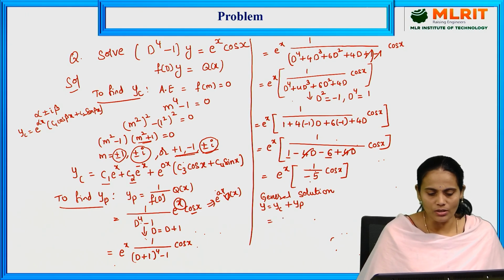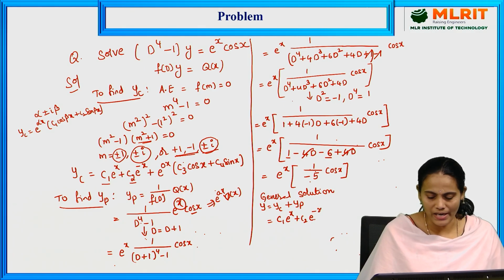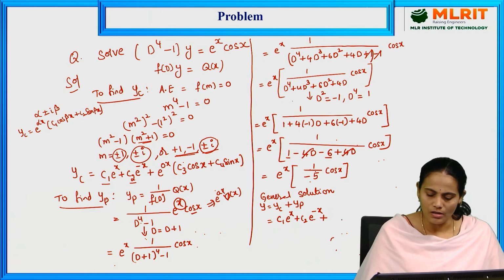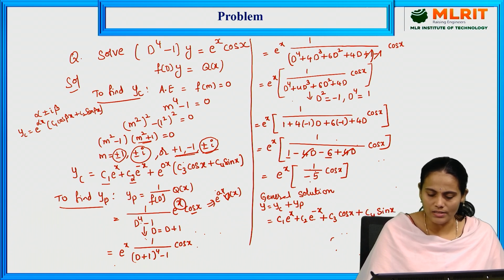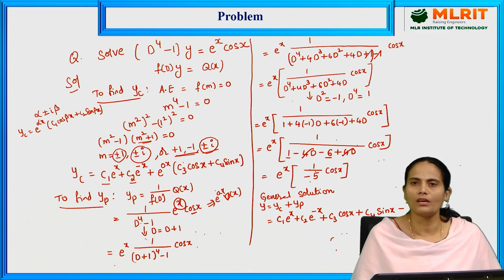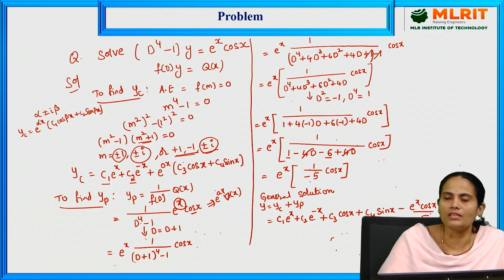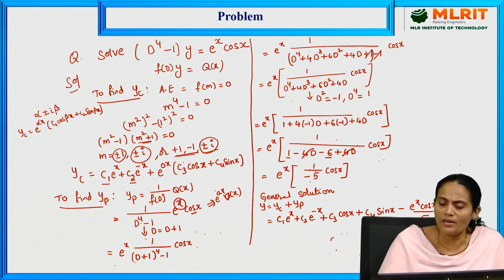Here the complementary function yc is c1 e power x plus c2 e power minus x, e power 0x, anyway we know that is 1, plus c3 cos x plus c4 sin x, minus e power x into cos x by 5, which is the yp.